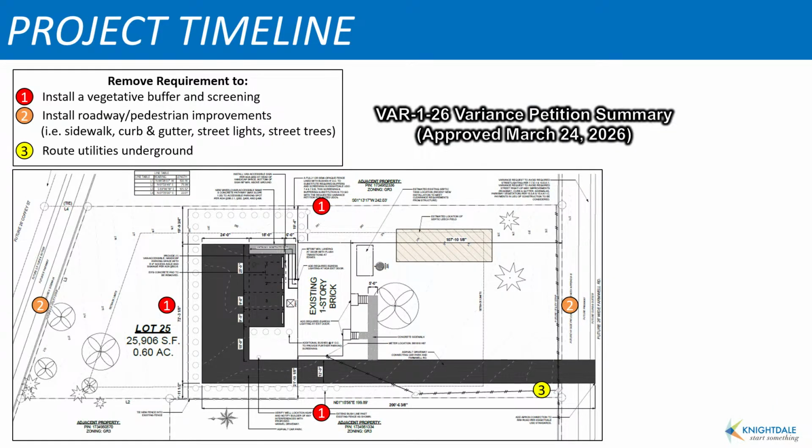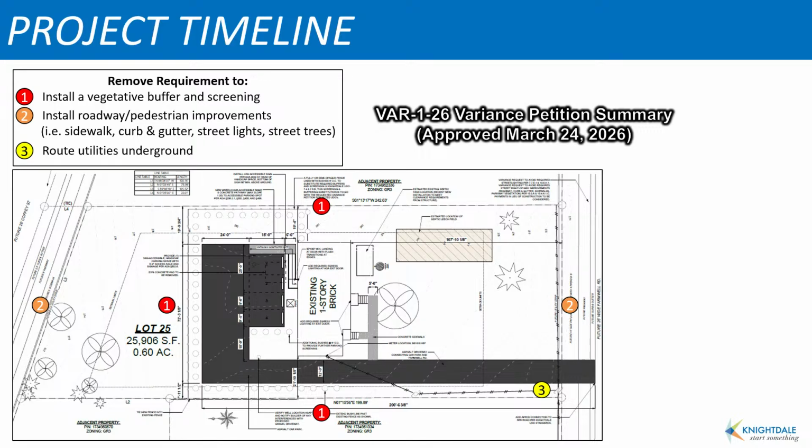During that review, it was identified that several variances would likely be required in order to allow for this adaptive reuse of the existing property. So the applicant submitted a variance petition, and the Board of Adjustment granted that variance on March 24th, 2026. It removed the requirement to install vegetative buffers along the 2 common property lines that are adjacent to residential uses.